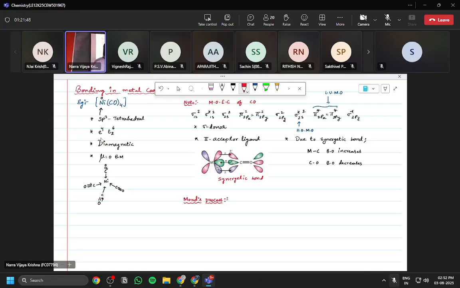Those gases we will separate, impurities will be left over. Those gases we will collect, and if you heat more than 150, it will decompose, liberating carbon monoxide and pure nickel. So Mond's process is used for extraction of nickel. We call this process a vapor phase refining process.